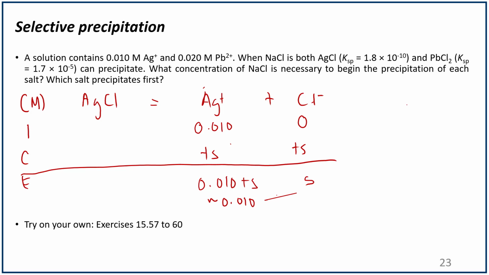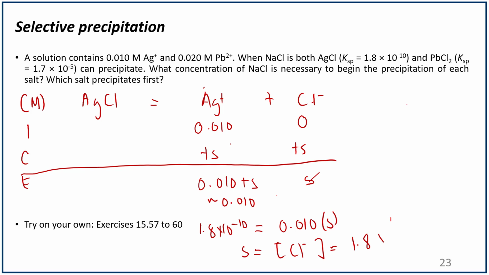Okay, so we can calculate here what the value of S is, which should give us the chloride ion concentration. So we set up an expression for KSP: 1.8 times 10 to the negative 10 is equal to 0.010 times S. And you will calculate here that S, which is equal to the chloride ion concentration, is 1.8 times 10 to the negative 8 molar.